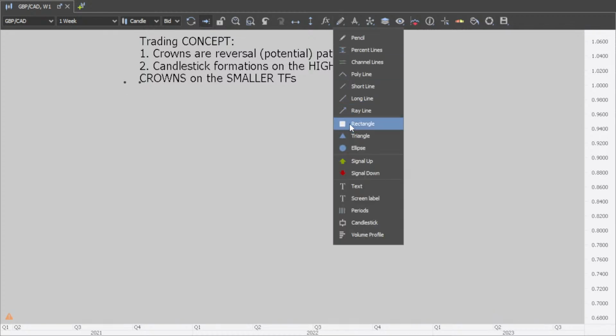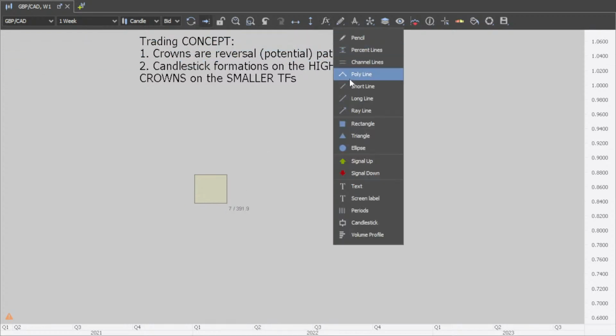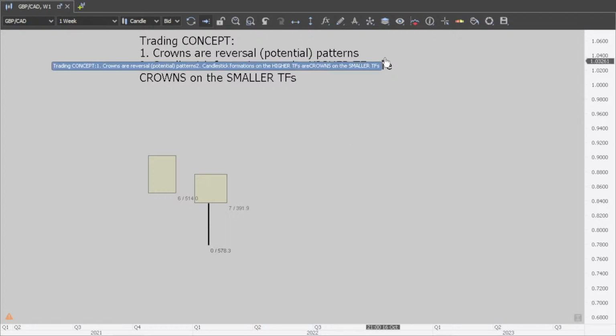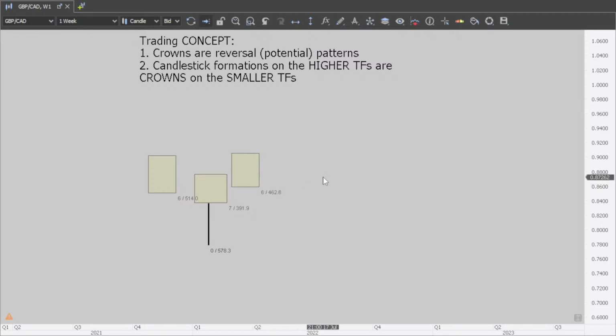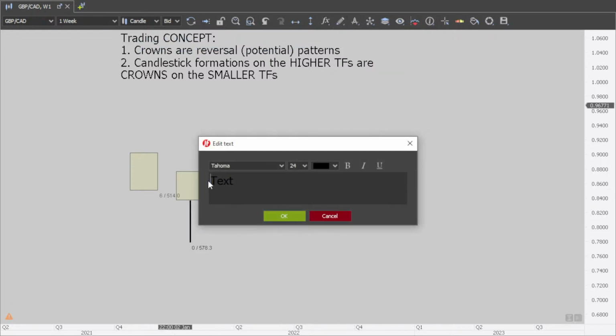What does this mean? Let's say that you have something like this on the daily. So this is the daily chart, right? You have a bullish candlestick formation on the daily, just an example.